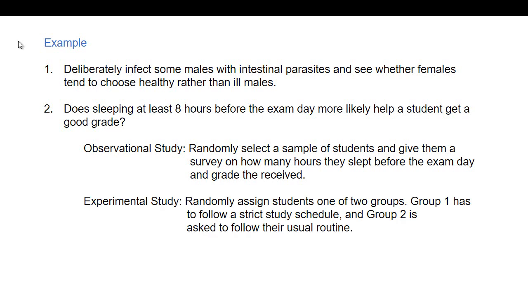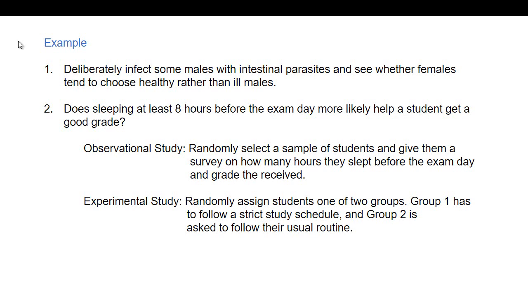But we could also do an experimental study where we randomly assign students to one of two groups. Group 1 has to follow a strict study schedule, and group 2 is asked to follow their usual routine. So group 1 will be prescribed a specific routine.